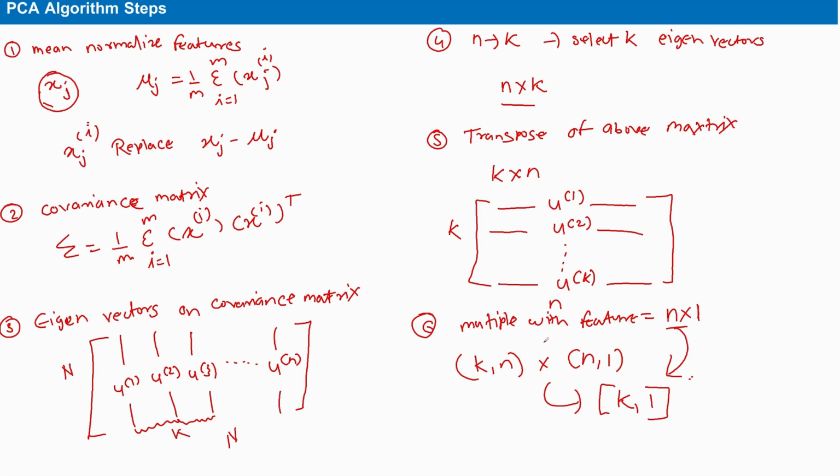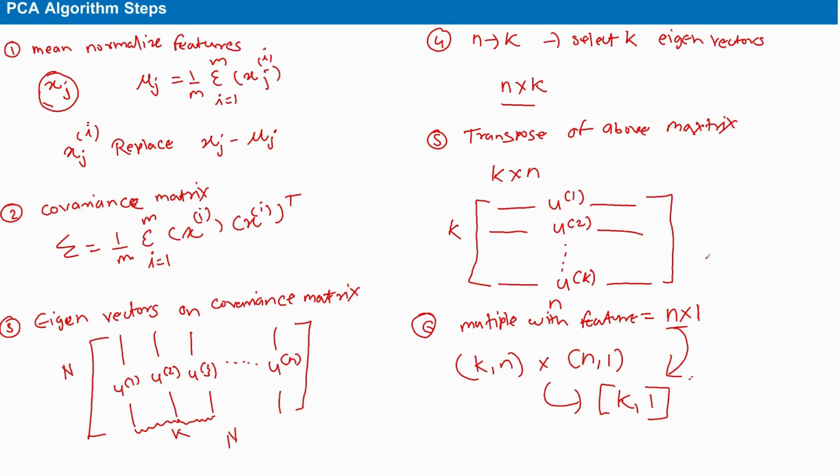We multiply it with the original feature matrix, which has n by 1 dimension, and we get k by 1, which is the dimensionally reduced matrix. These are all the steps inside the PCA.